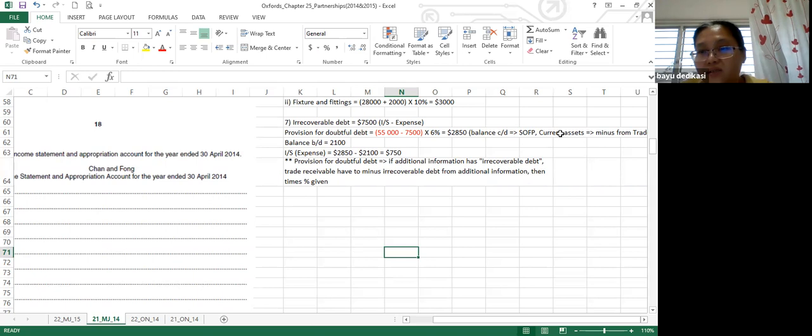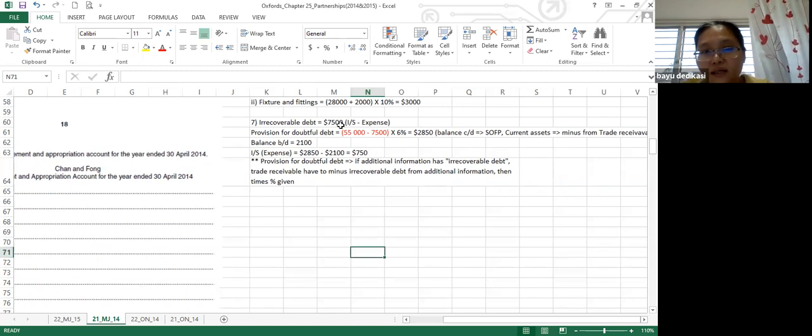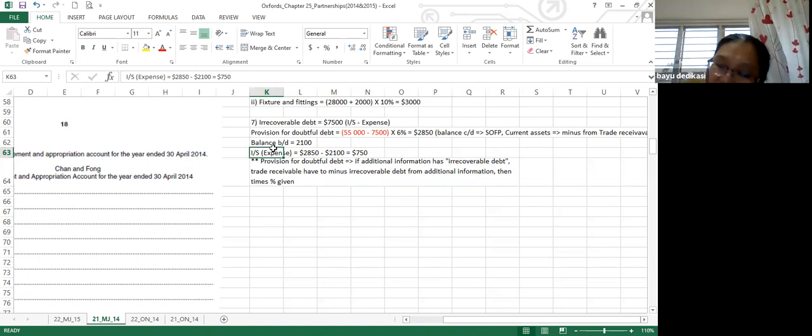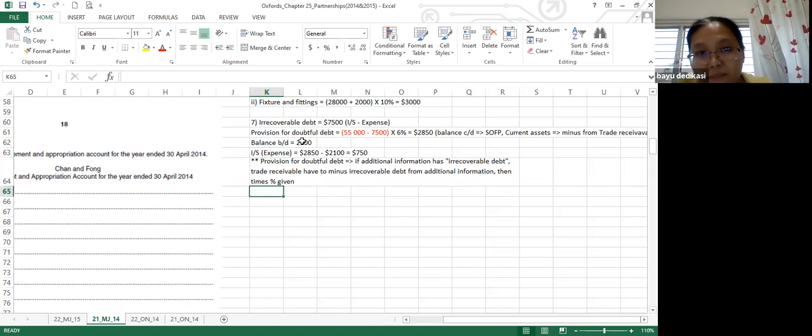This amount is to find the balance carried down in the statement of financial position. And then to find your income statement figure, which is either an expense or other income, depending on your balance carried down or balance brought down.